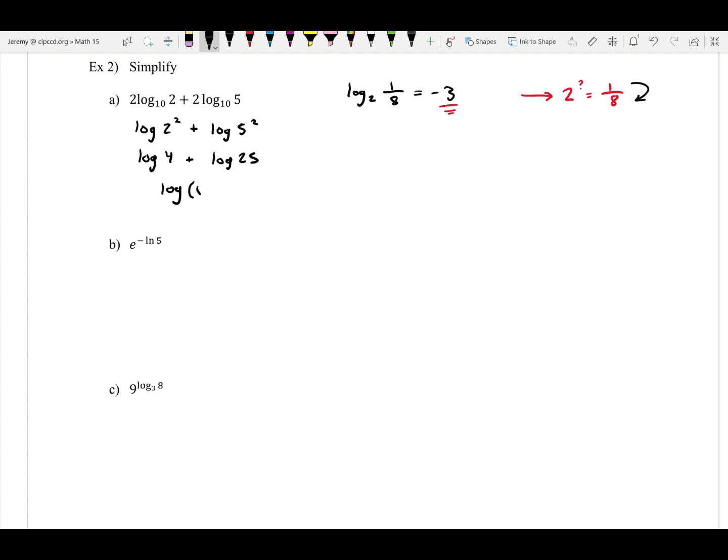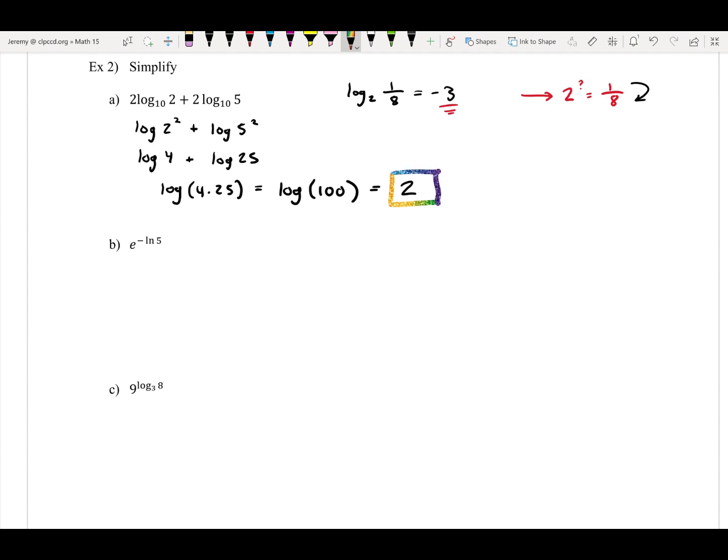This is log of 4 times 25, which equals log of 100. What do you know? Total coincidence that this is the one I called out earlier as being an easier logarithm to evaluate. But here we are. Log base 10 of 100. 10 to what power gives us 100? 2. 10 squared gives us 100.